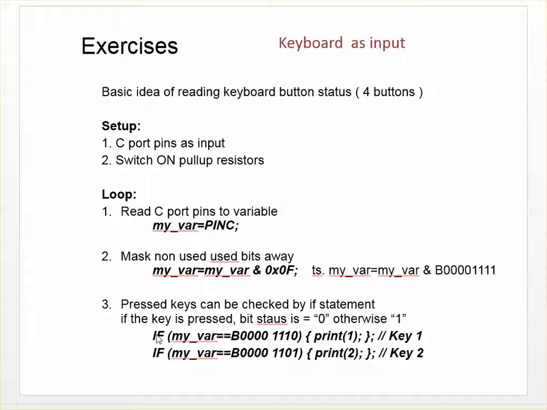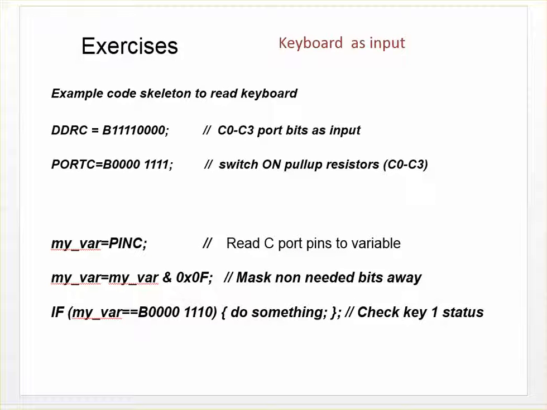We have to check if the key is pressed, for example here, with the if statement. So here again, define the data direction register so that the C port is the input port. Then switch on the pull-up resistors for the needed pins, needed lines.